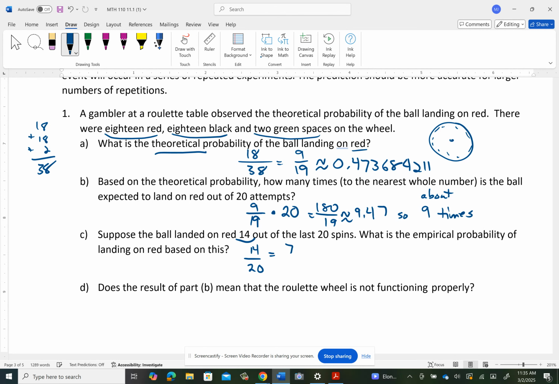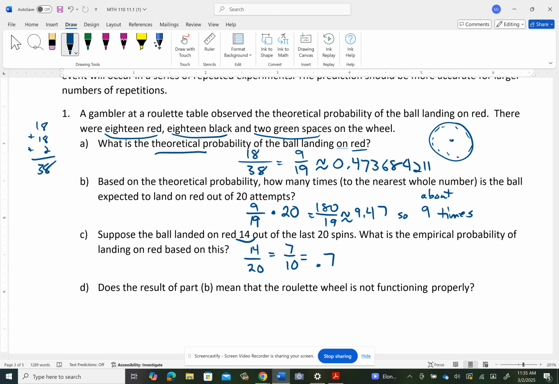When you divide by 2, that's 7 out of 10, which is way higher. That's 0.7, isn't it? Rather than 0.47 or whatever we had earlier.